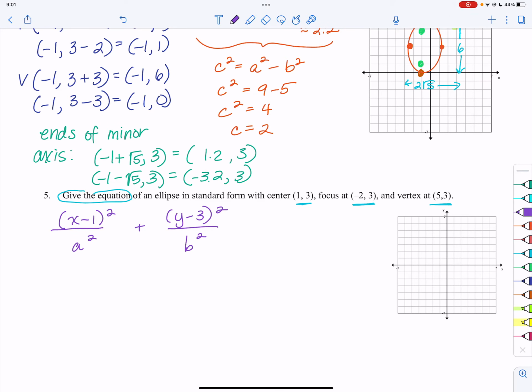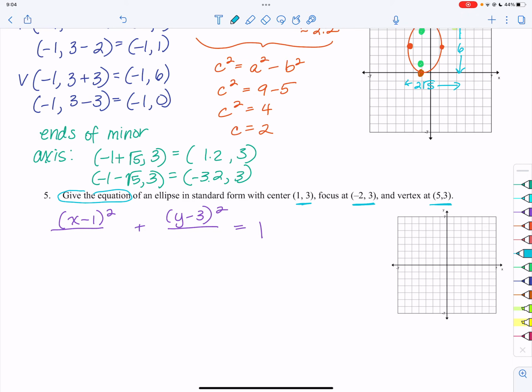Now how do I know which is which? So I really shouldn't put where a and b are yet. So let's go ahead and at least write this. So this distance from the center here is going to be, so let's go ahead and put the center on this graph.